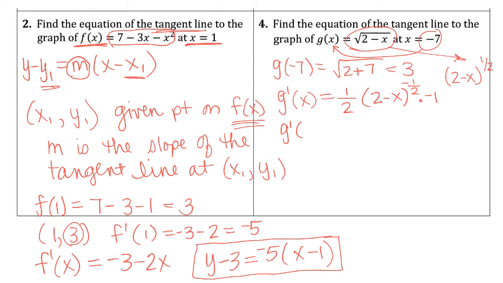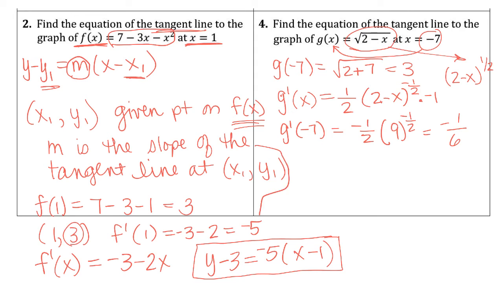Now we need to find g prime of negative 7. So we're going to have negative 1/2 times, if I substitute in that negative 7, I'm going to get 9 to the negative 1/2. That's 1 over the square root of 9, times negative 1/2. So I'm going to get negative 1/6.